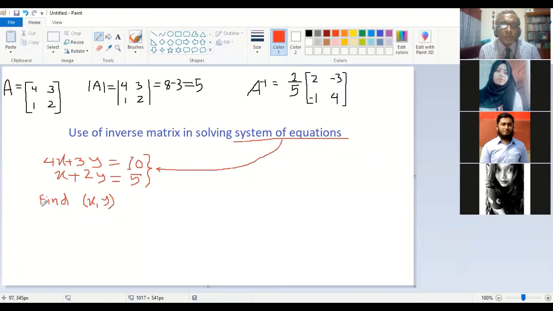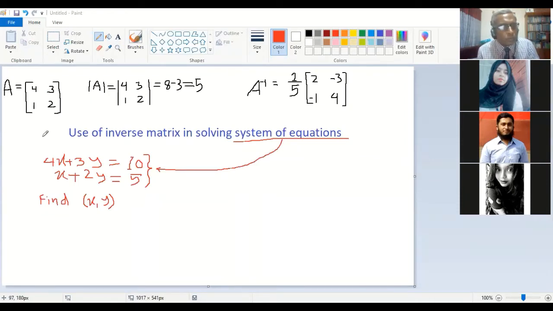There are different methods: the elimination method, the substitution method, the cross multiplication method, and Cramer's rule. But you can find x and y from the given pair of equations, and today we will show how the inverse of a matrix can be used to find x and y.